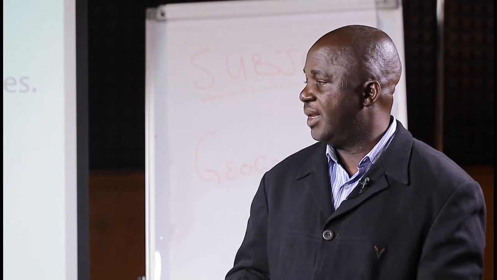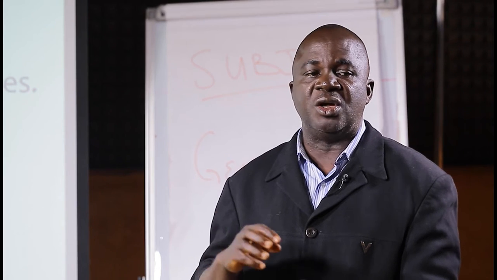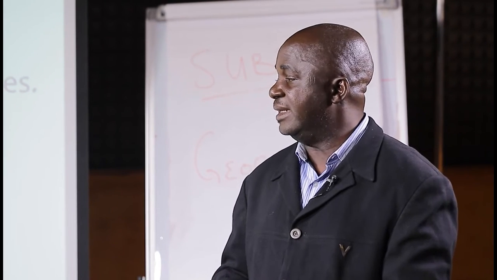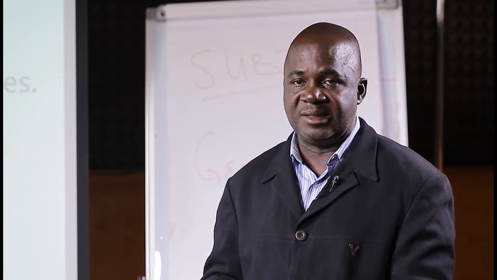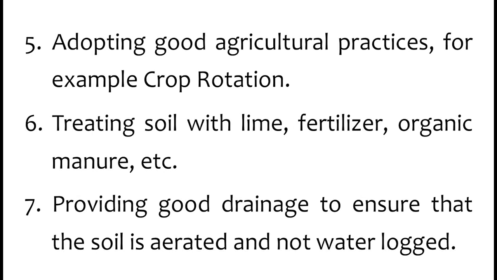flow. 4, planting of shelter belts. This does not only reduce erosion, but it also reduces the effects that wind has on the soil. Number 5, adopting good agricultural practices, for example, crop rotation.